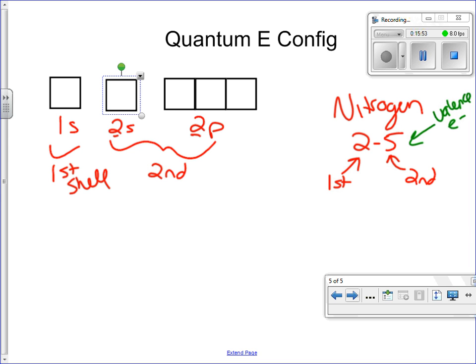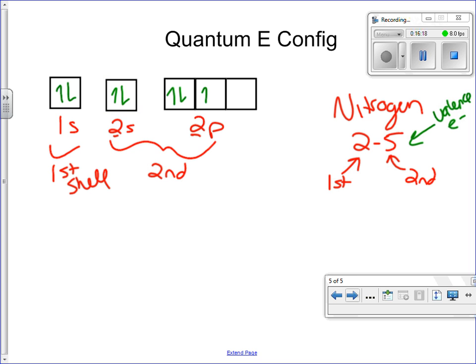First shell, you need to have 2 electrons. So you're going to draw them 1 up, 1 down. There are 2 electrons in your first shell. My second shell, I have 5. Okay? I can put 2 in my 2s level, and then I have 3 remaining to spread out in my 2p level. Do not draw them like that, okay?